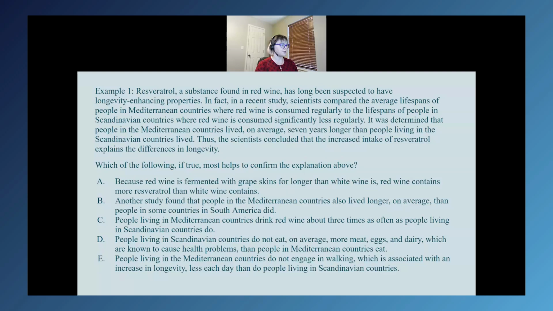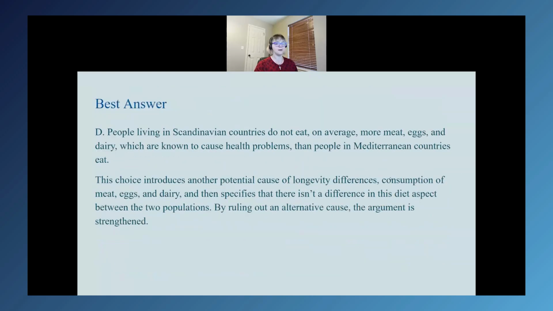If the people in the Mediterranean countries walked more than the people in the Scandinavian countries, then that could weaken the argument. If they walk the same amount, then it doesn't really do anything. All this says is that they do not walk less than people living in the Scandinavian countries, so it's not really helpful for us. It definitely does not strengthen the argument. Our best choice, I believe, is D.